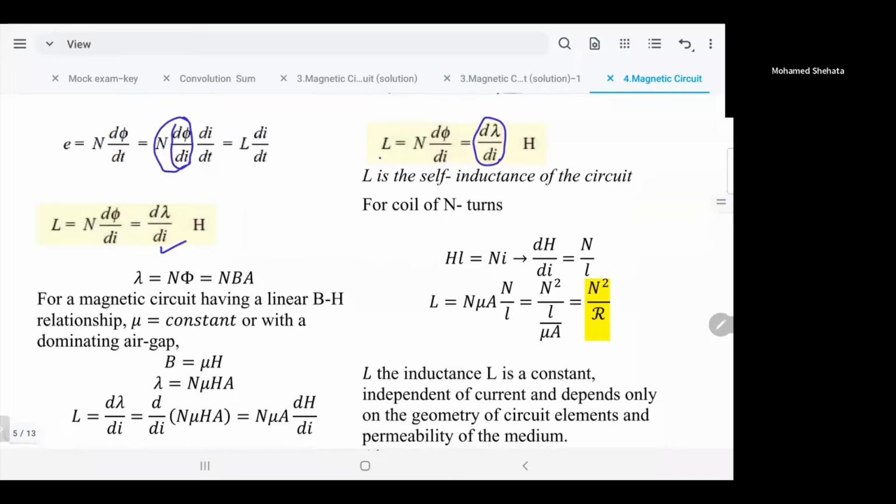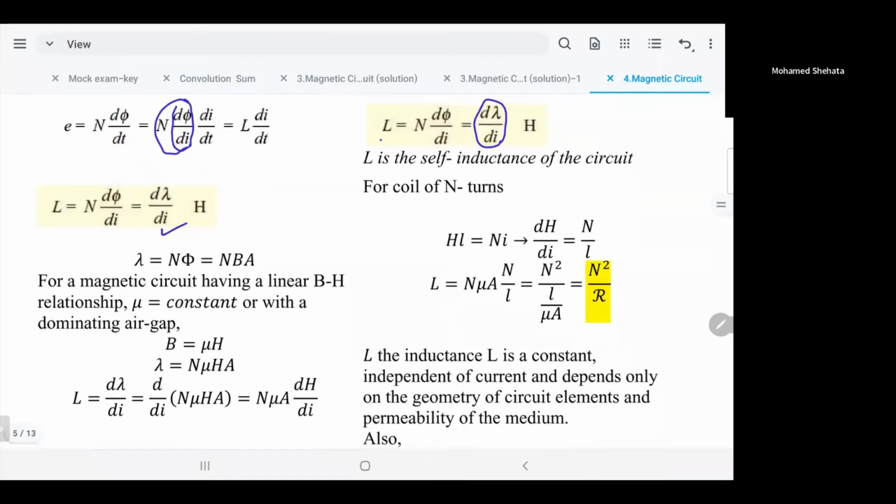That's the definition of L, and we are going to find the dimension of L that's affecting. From Ampere's law, we just reviewed HL equals NI.